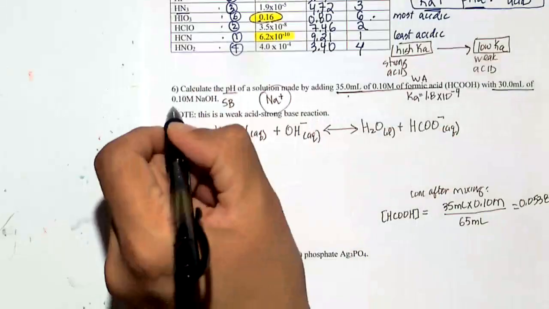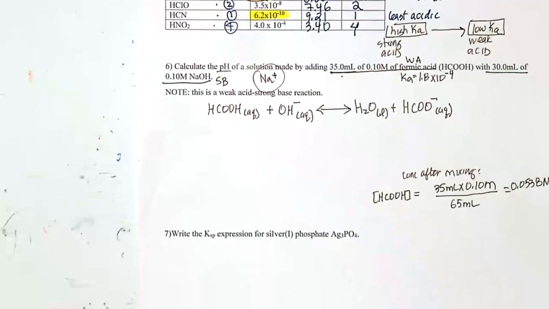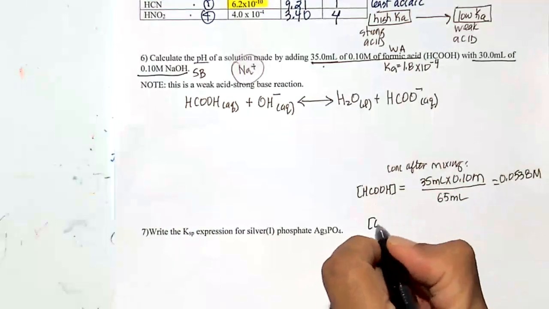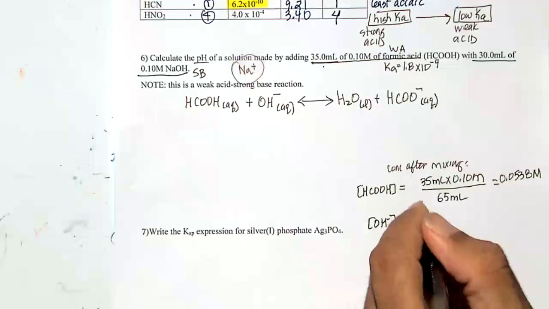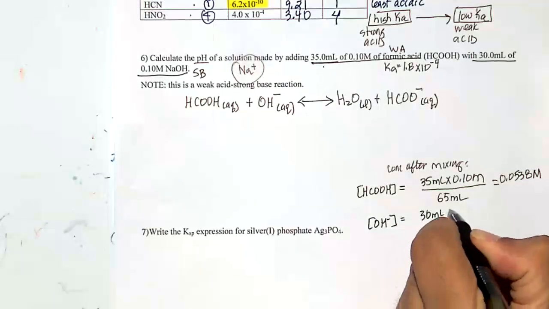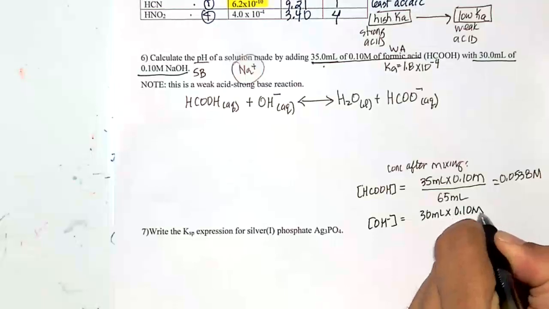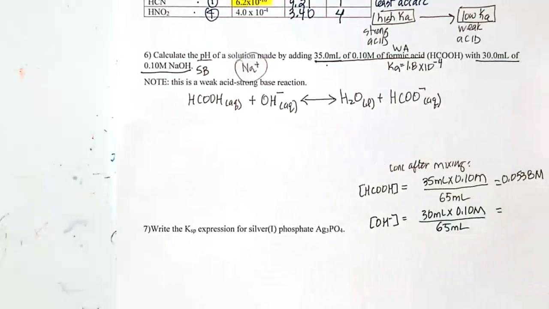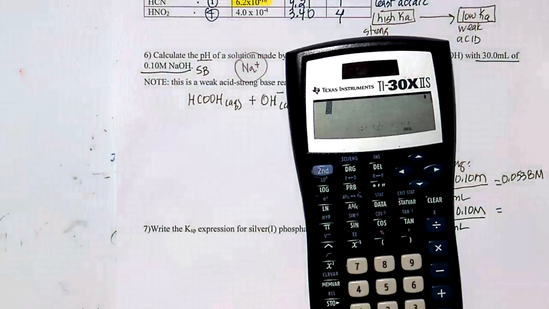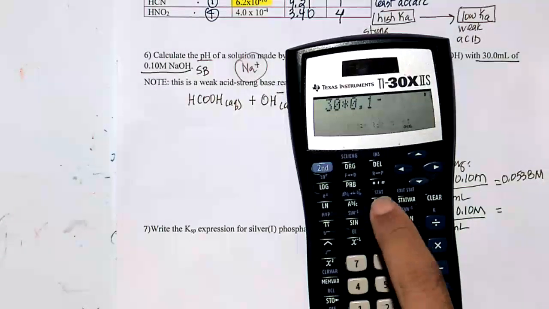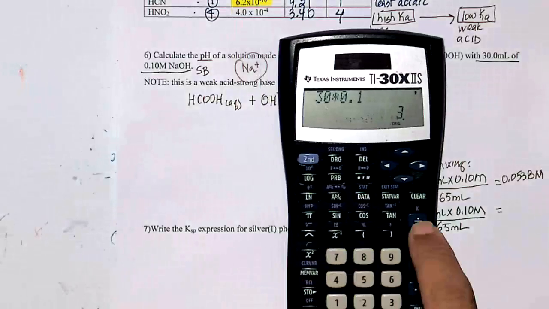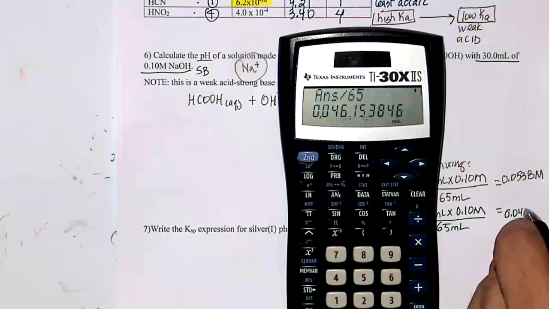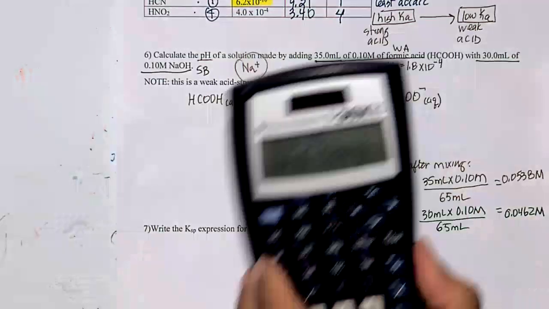Now we'll do the NaOH concentration, or the OH concentration, after mixing. 30 mLs times 0.1 molar divided by 65 mLs, and 30 times 0.1 is 3, divided by 65, and that's 0.0462 molar.